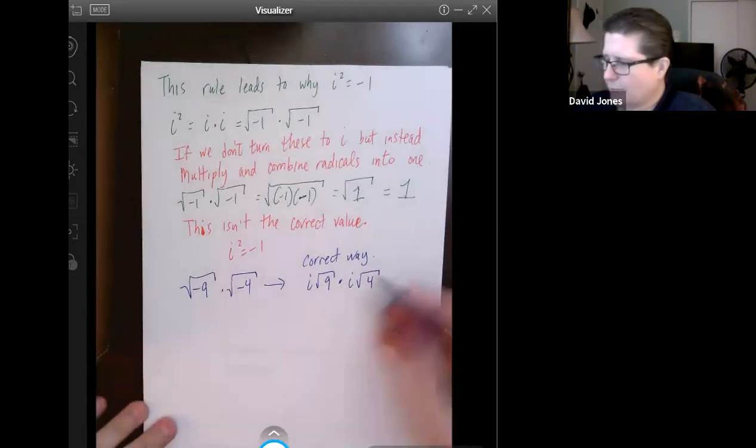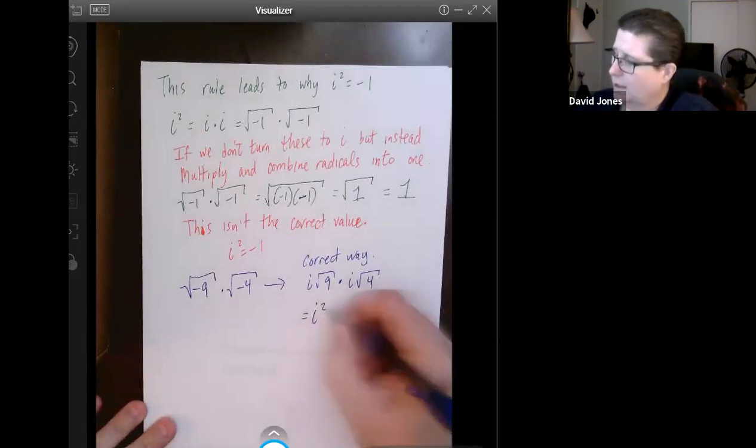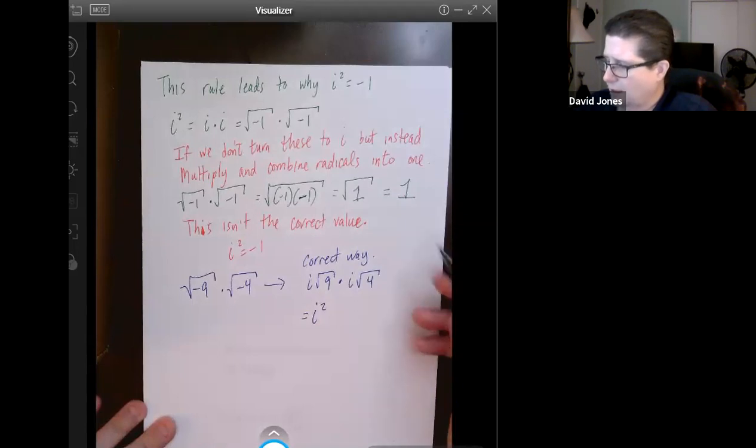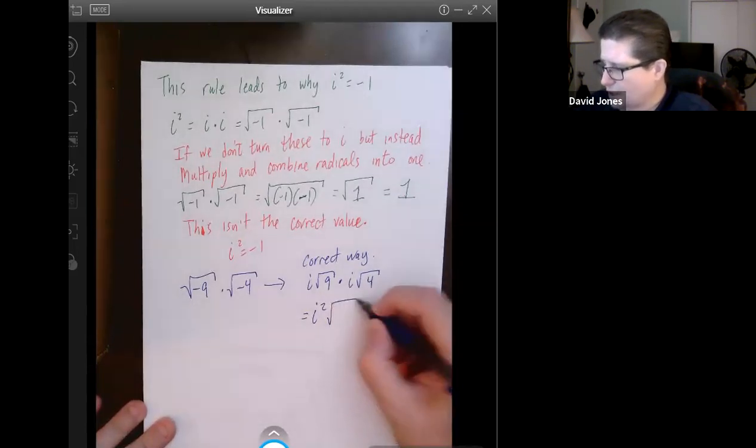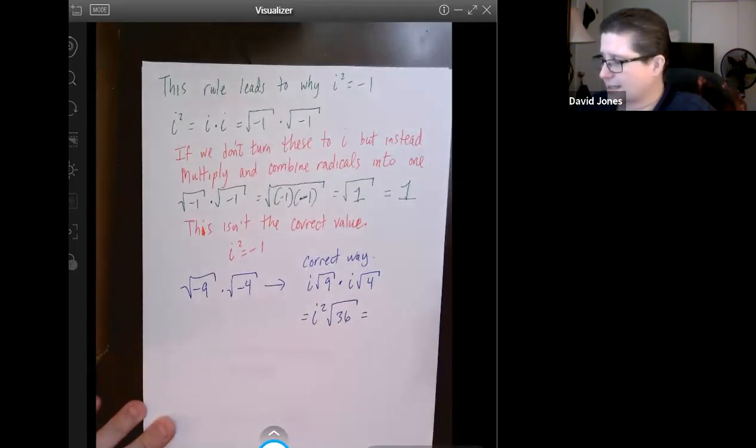And now you can combine the radicals. We've got i times i, which is i squared. And 9 times 4 is 36, and the square root of 36 is 6.